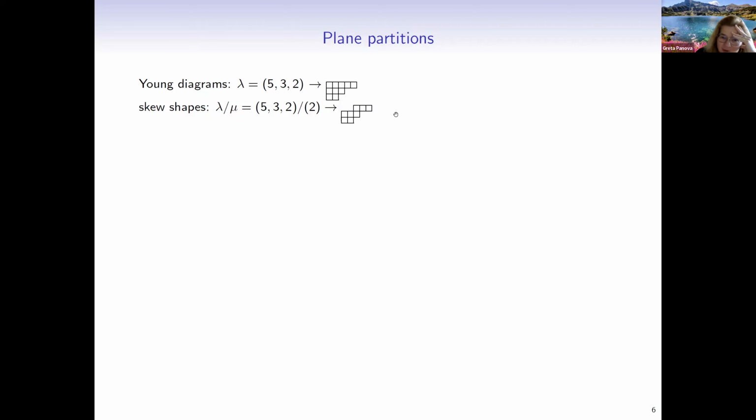Where those skew shapes show up: first of all, straight shapes index the irreducible representations of the symmetric group and the general linear group. The characters of those for the general linear group would be Schur functions, and you can also define a skew Schur function for such a shape.